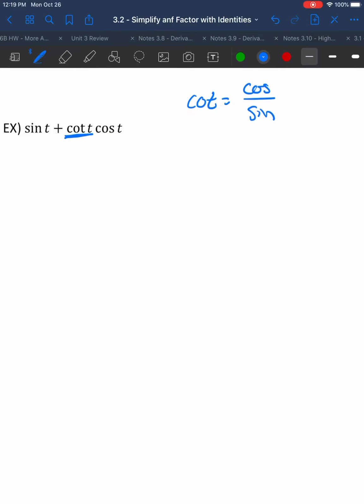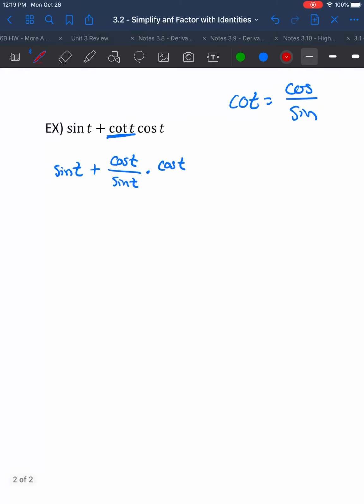So I've got sine of t plus, instead of cotangent, I'm going to replace it with what it equals, cosine over sine, but it's still times this cosine. Well, I have a fraction times something, so if I put that over 1, I can multiply straight across. Cosine times cosine will be cosine squared over sine of t.